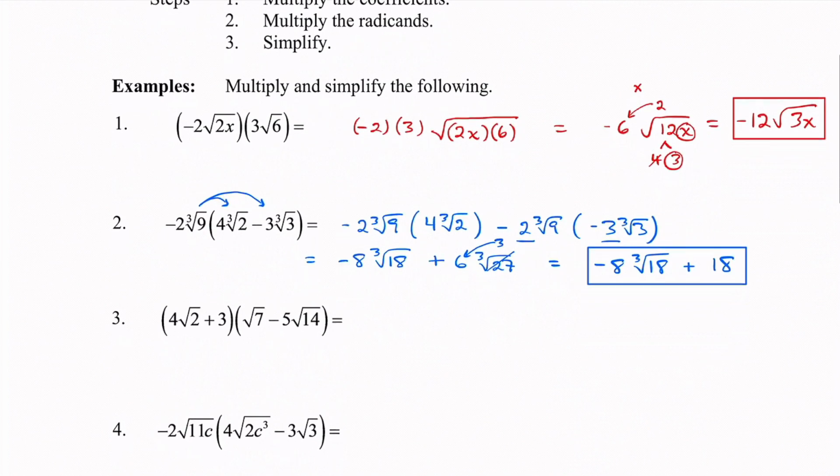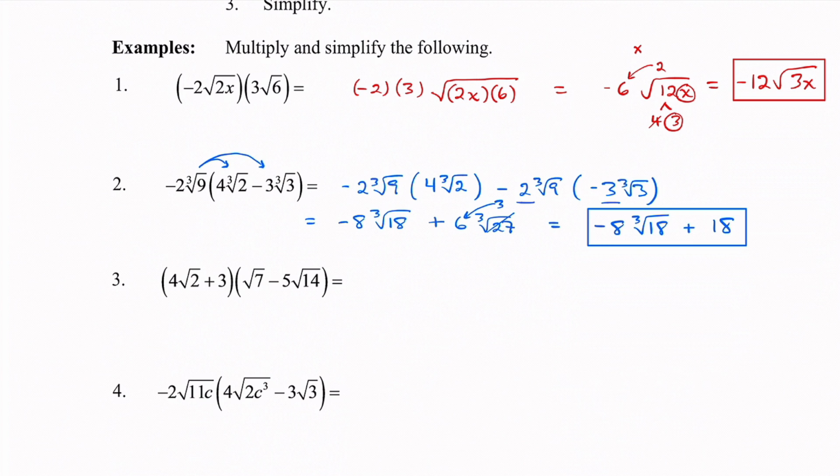We can look at number 3 here now. So this one has now 2 things in each set of brackets. So for this, we're going to have to do our foiling. So we're going to have these 2 multiplications here first. So let's do that first one. 4 root 2 times root 7.